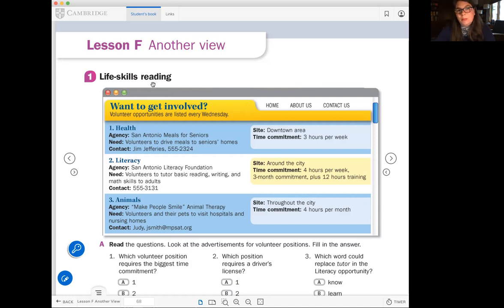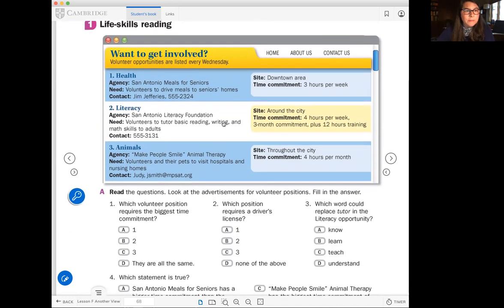So not really reading a book or a story, but things you need for your life: information, things at work, in the community, prescription information, health information. It's all information that you need to read for your life, okay? So the first part of Lesson F is CASAS practice, and the second part is kind of an extra grammar lesson. So this first CASAS practice here, I'm gonna move this up.